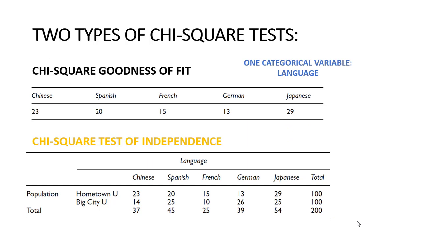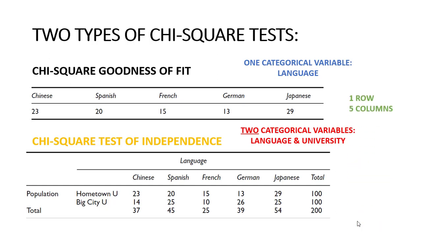In the first case, we had one categorical variable, which was language. In the second case, in the chi-square test of independence, we have 2 categorical variables, language and university. As you can see, we have the same 5 languages, but we added the university variable, and now we have 2 university variables.